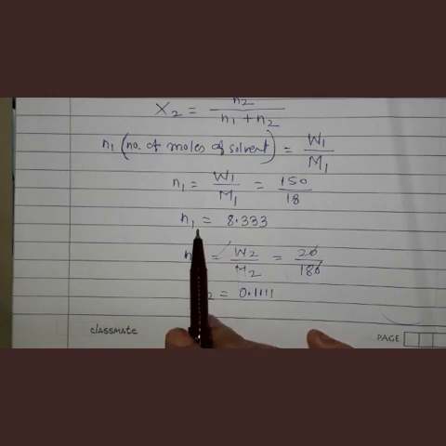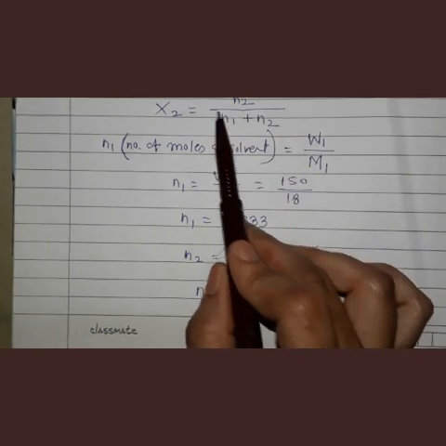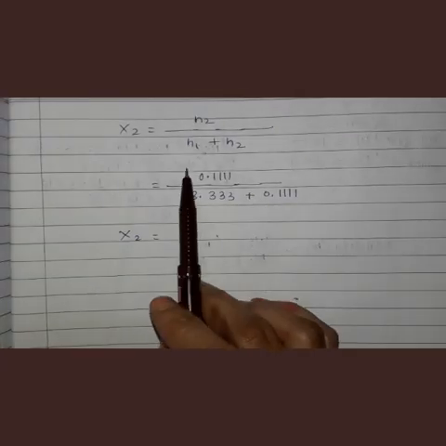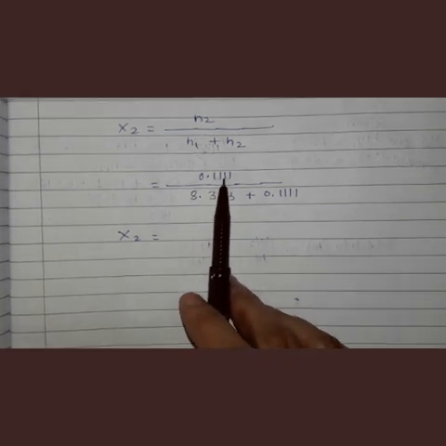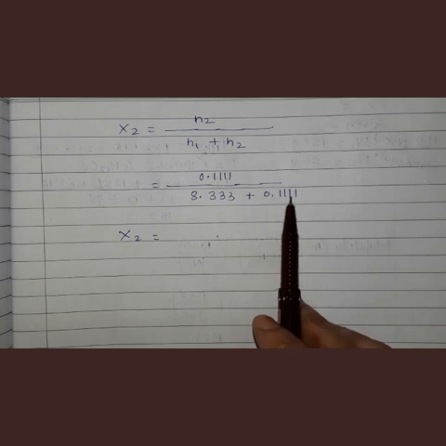Now these values of N1 and N2 we can put in the formula, N2 upon N1 plus N2. Let us find the mole fraction now. I have filled in the values: 0.1111 upon 8.333 plus 0.111.